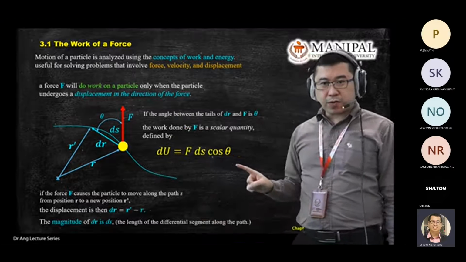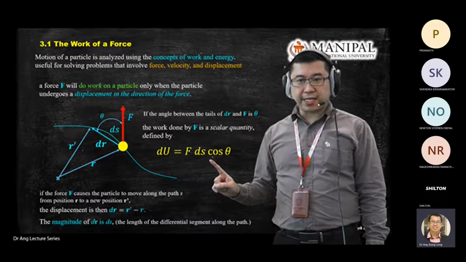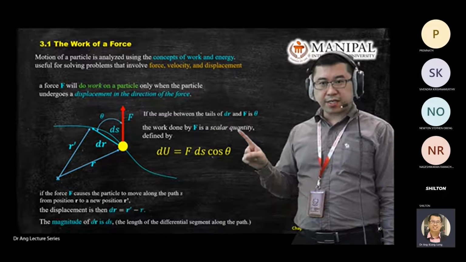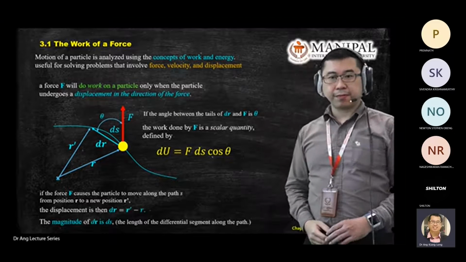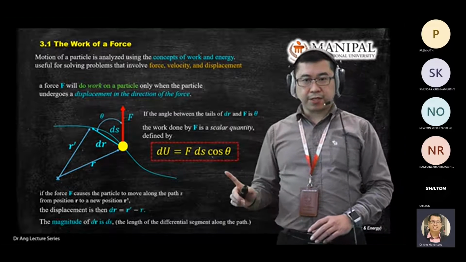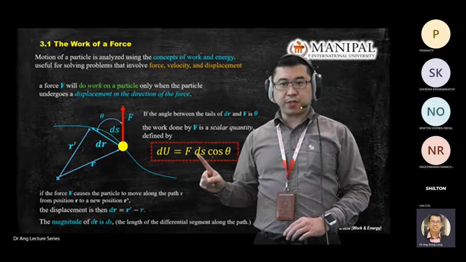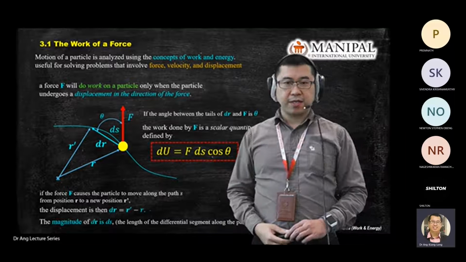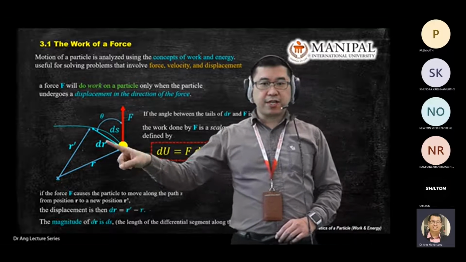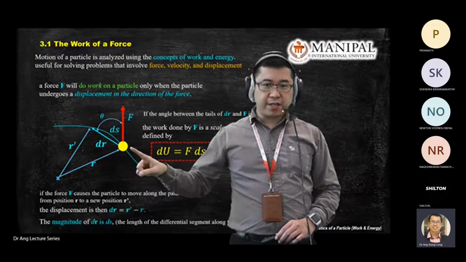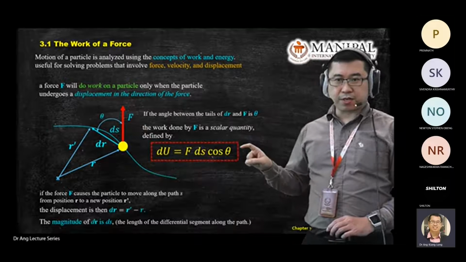So this gives you this equation: du equals force ds cos theta, a scalar quantity. First equation for this chapter: du equals force ds cos theta. In this case, the force is not aligned with the displacement; there is an angle of theta, so you use this equation.